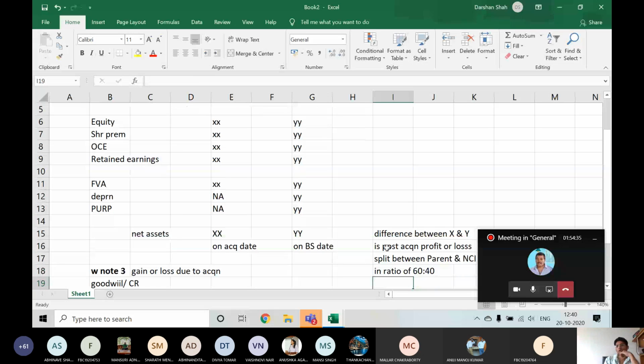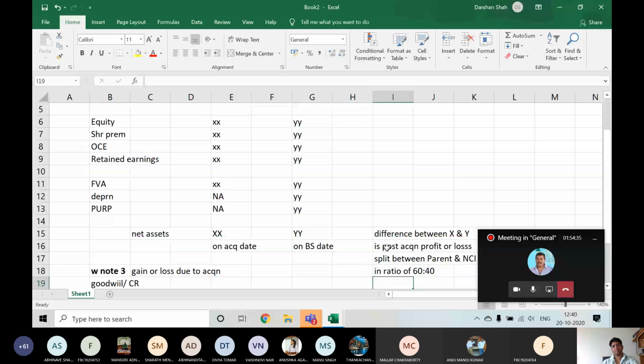It will not be taken in working note 3. 60% will go to reserves of parent company, and 40% will go to NCI. Okay, understood? Yes, everyone else understood?